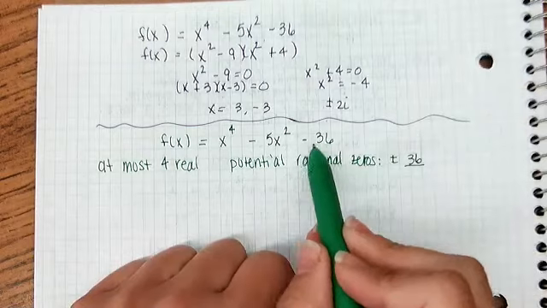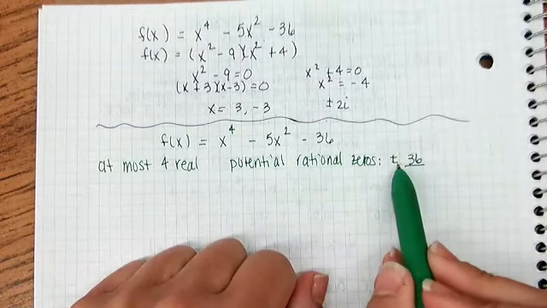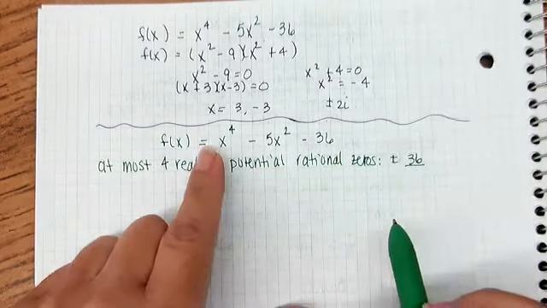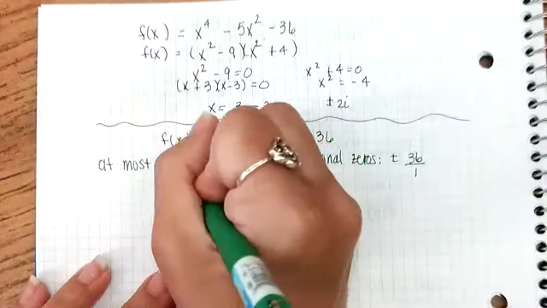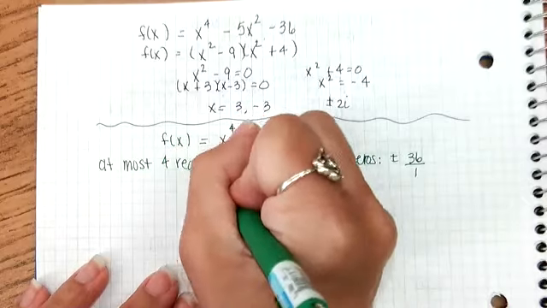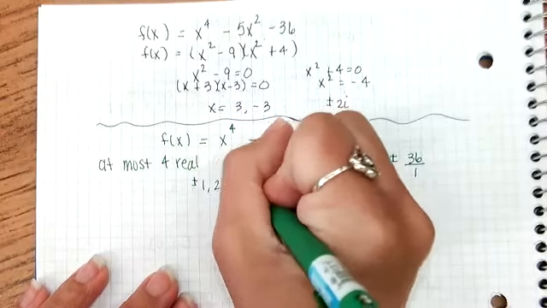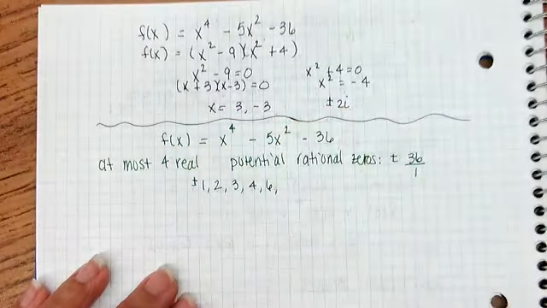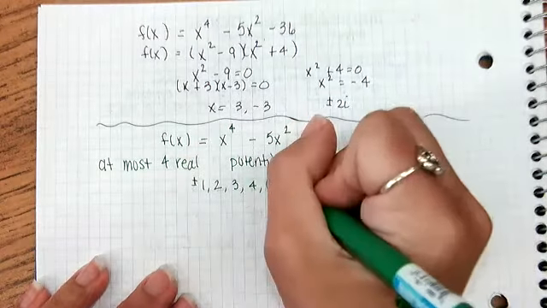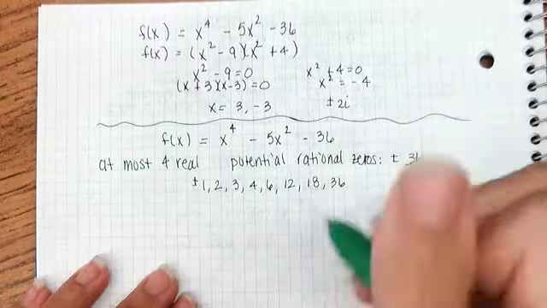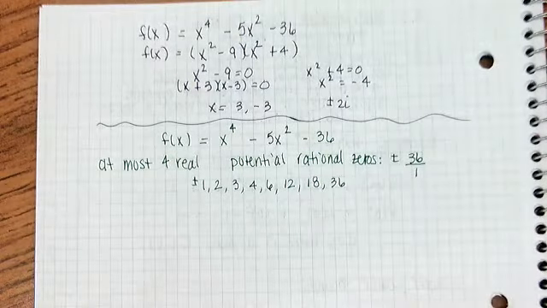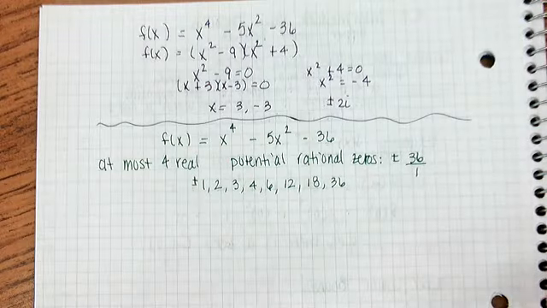I know it says minus 36, that's taken care of in the plus or minus sign, over the factors of 1, which is just 1. So the potential rational zeros are plus or minus 1, 2, 3, 4, 6, 12, 18, 36. Okay, so that comes from P over Q.